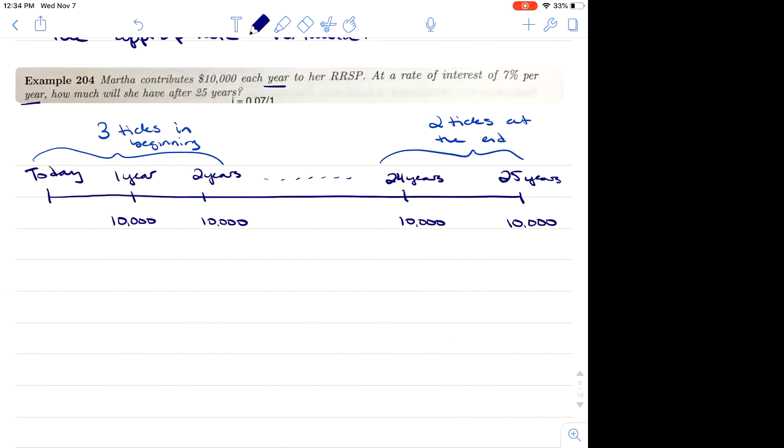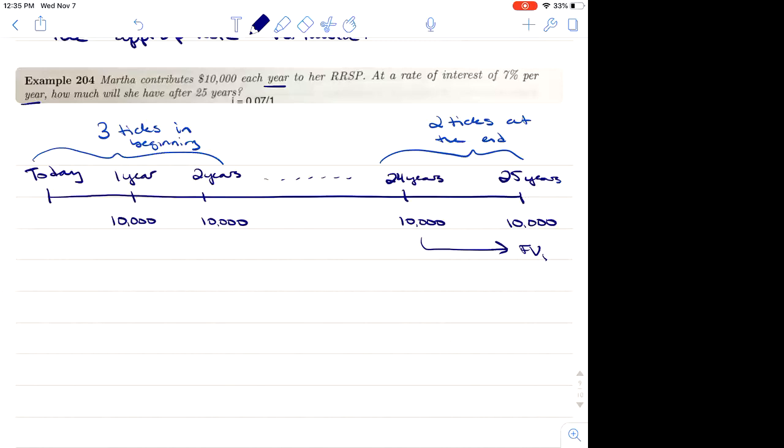If it said she's going to make these payments starting today, at the beginning of each year, then we would have an annuity due, which would mean we'd have a slightly different formula to use. Okay. Instead of drawing this, so future value 1, we'd have 24 future values we'd have to calculate, right?